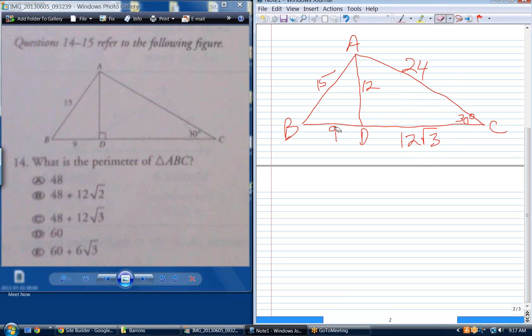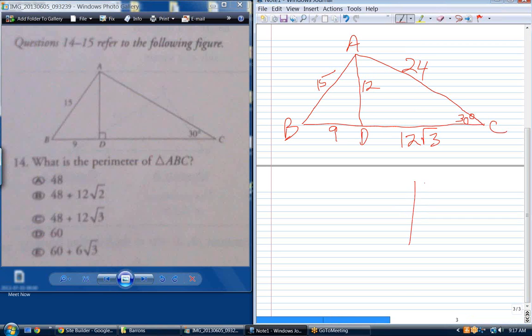We needed to know either the 3, 4, 5 right triangle or else how to solve for that using the Pythagorean theorem. And then, more importantly, we knew how to solve this 30, 60, 90 triangle. You're either going to need to know how to solve 30, 60, 90 or 45, 45, 90. Those two, you really want to know those unit triangles.